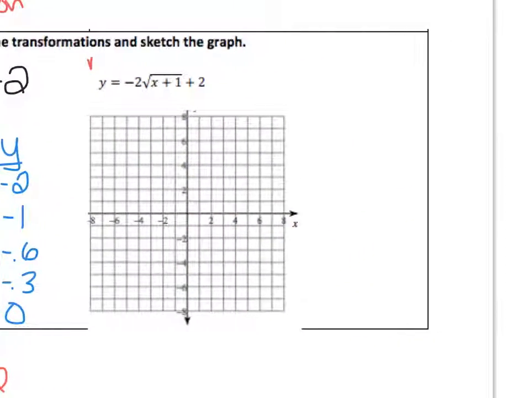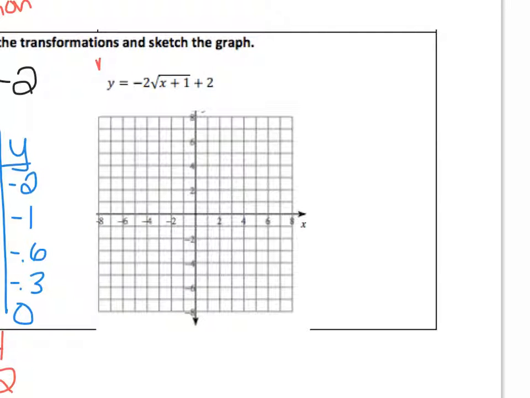Let's look at the next one. So before typing in our calculator, I want you to try and figure out where our graph is going to start. So inside our radical, we move which direction? Left or right? And it's opposite. So this is a positive 1, so we know we're going to go over to negative 1.